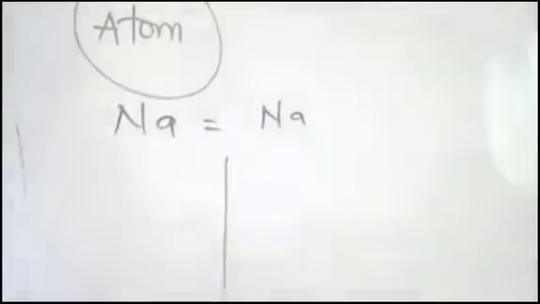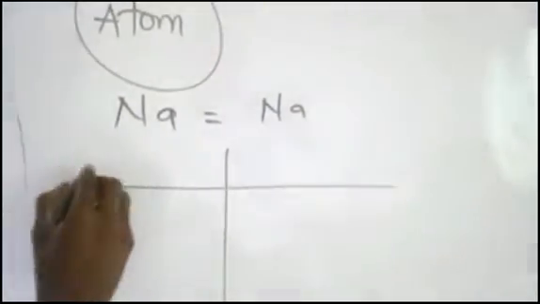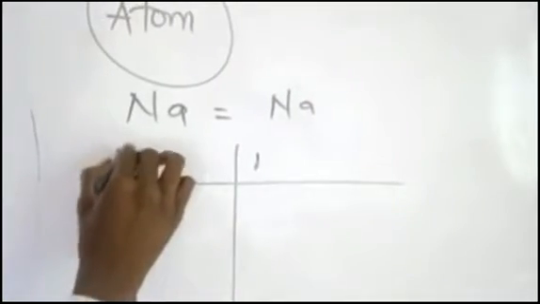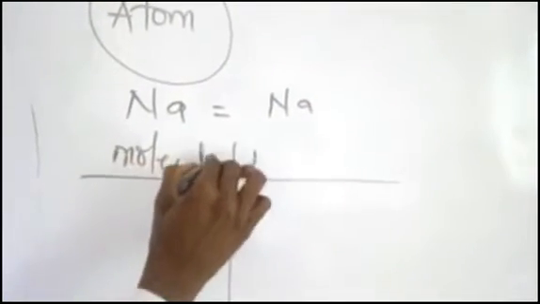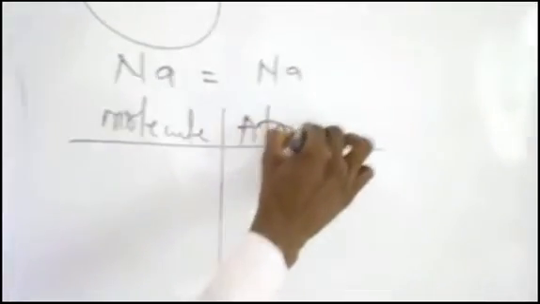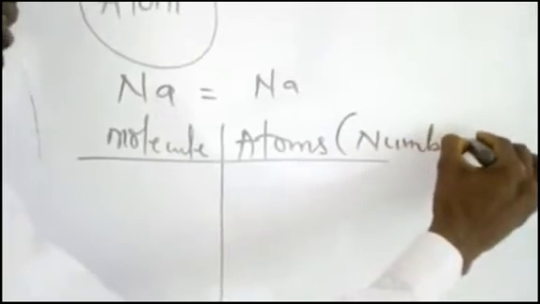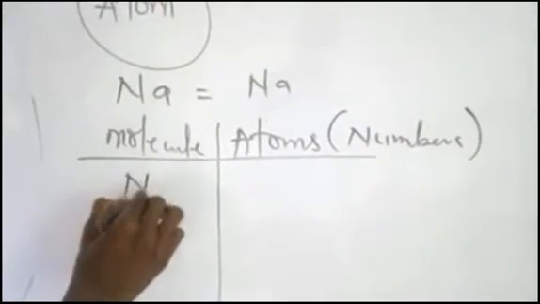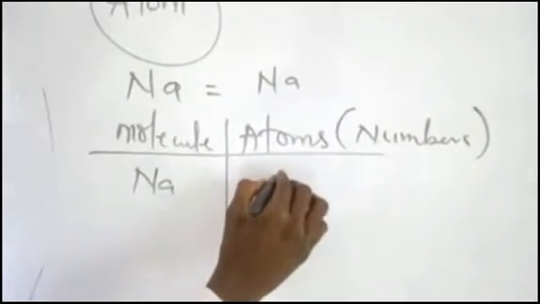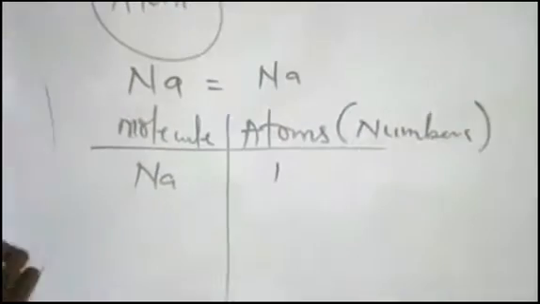Let me put that in a table form. Here, molecule, then here, atoms: the number of atoms that we have. So for the sodium molecule, we have 1 atom of sodium.